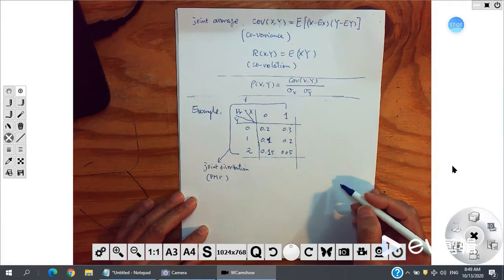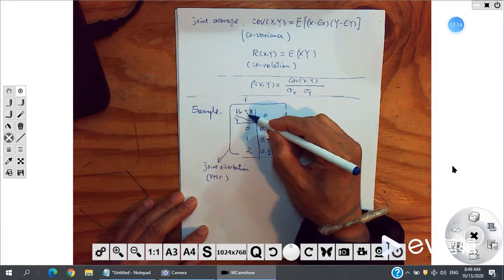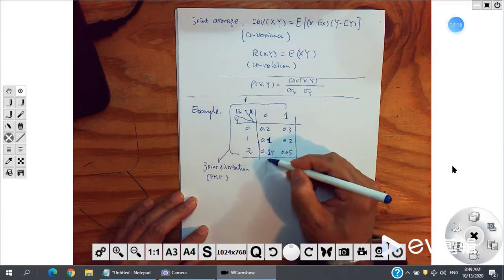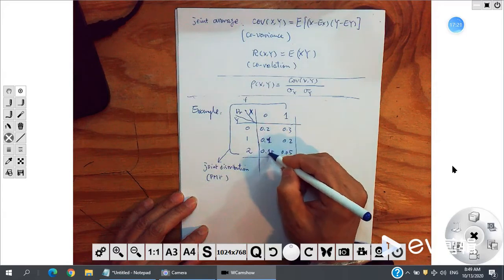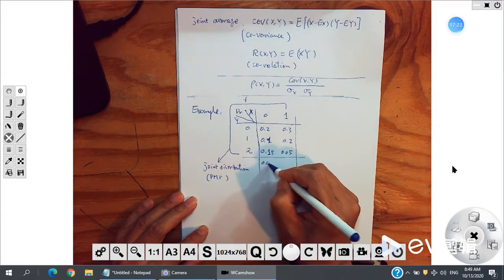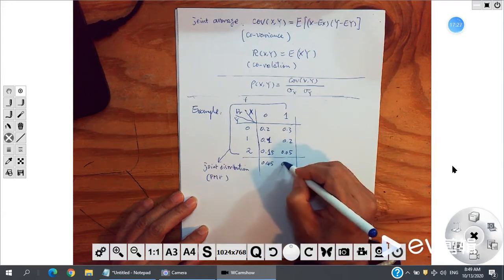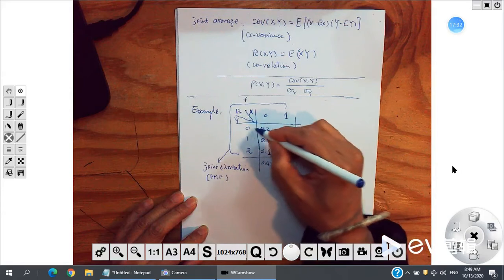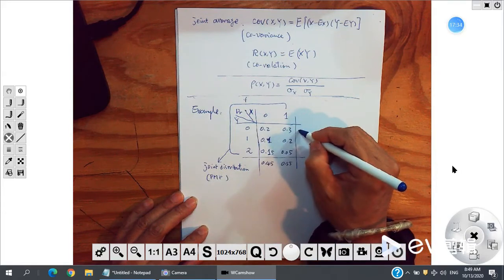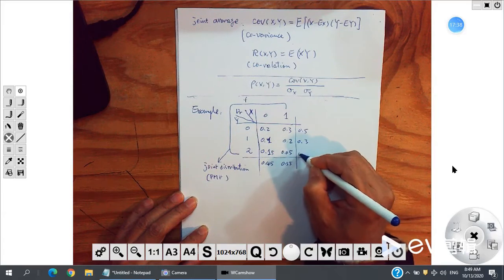And then we want to know the probability of x. Then we do summation, right? I do summation here, and I have 0.45, and this is 0.55. And similar for y, I have this one: 0.5, 0.3, 0.2.